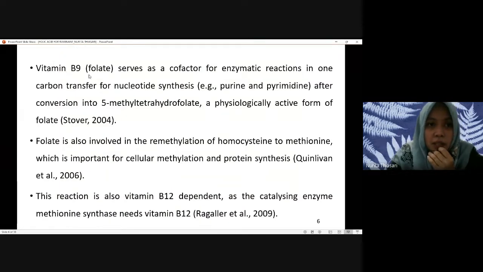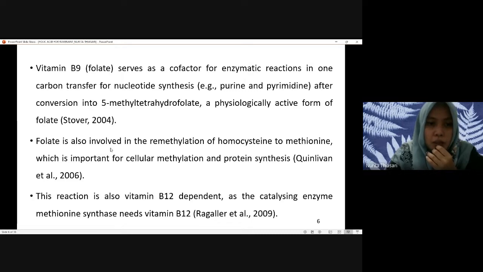Vitamin B9 or folate serves as a cofactor for enzymatic reactions in one-carbon transfer for nucleotide synthesis, for example, purine and pyrimidine, after conversion into 5-methyltetrahydrofolate, a physiologically active form of folate.